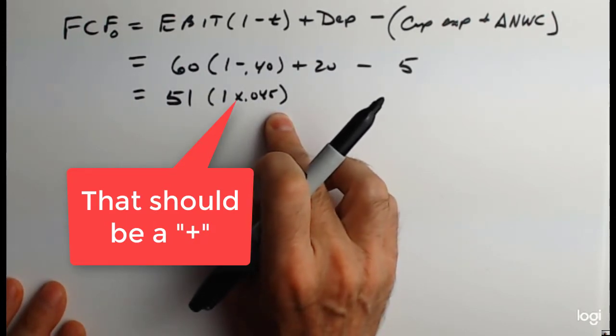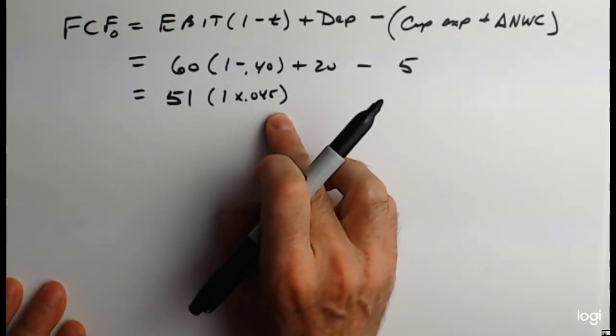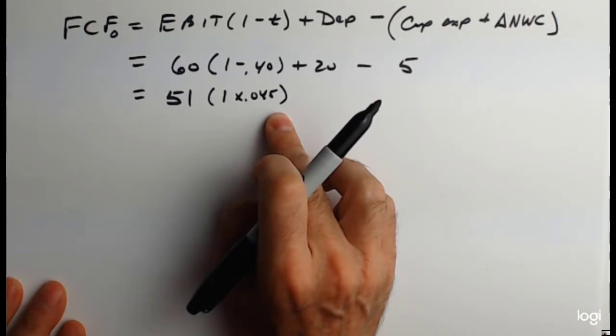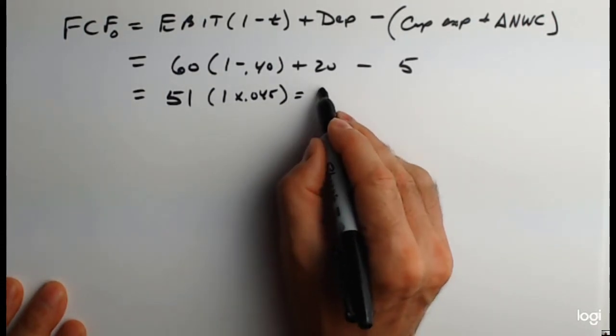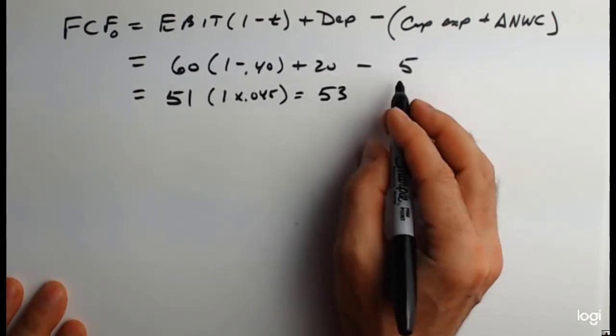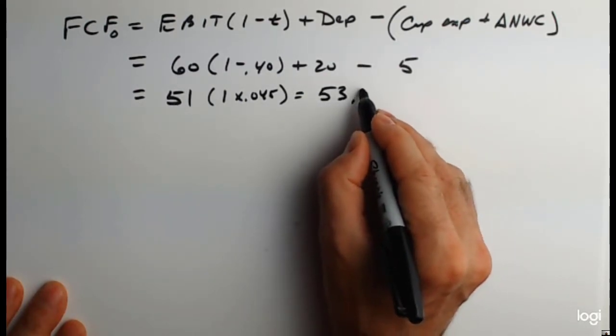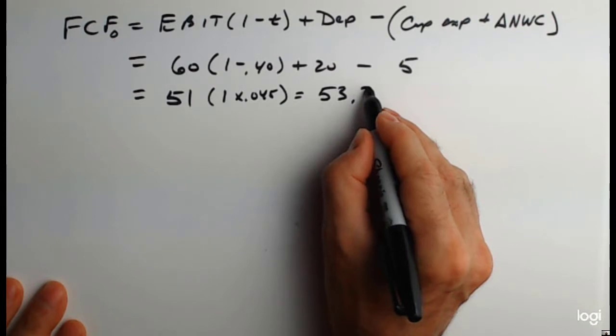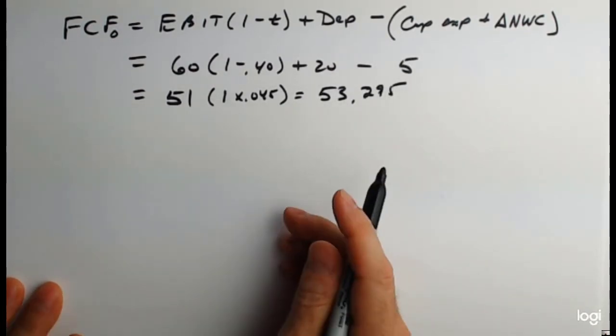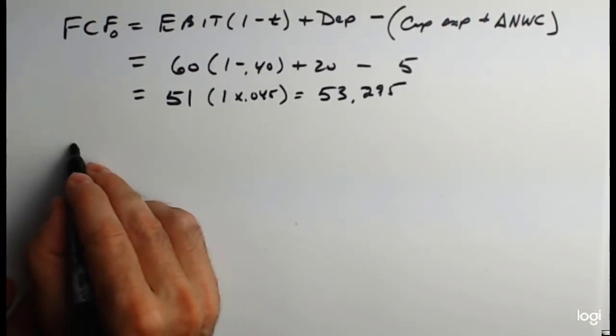It says free cash flow is expected to grow at a rate of 4.5% for the foreseeable future. That means basically, in our mind, when you do these problems, forever. So therefore, we have free cash flow of 53,295,000.